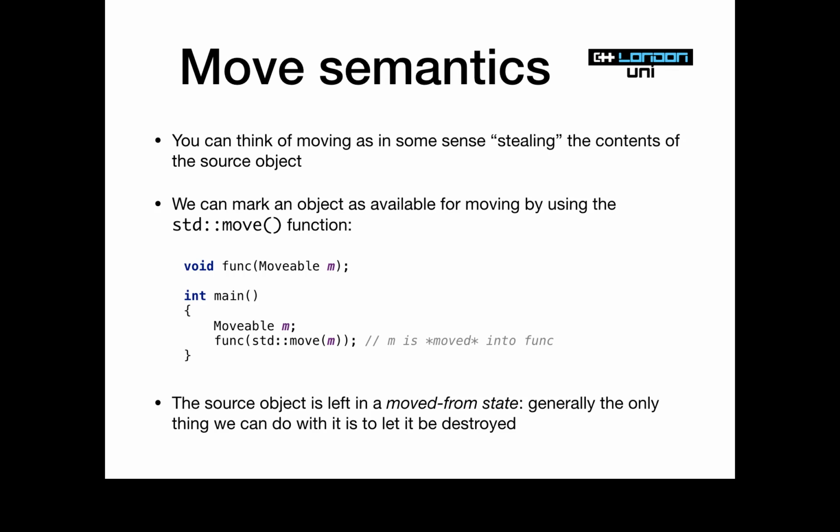Again, not wanting to get too deeply into exactly how this works, but if Moveable didn't have a move constructor, if it was an old type that only had copy operations, then standard move would have no effect, it would just copy it. Similarly, if Moveable was declared const, you wouldn't be able to change the source object, so you wouldn't be able to move from it, so in that case move would in fact just do a copy. It would fall back to a copy.